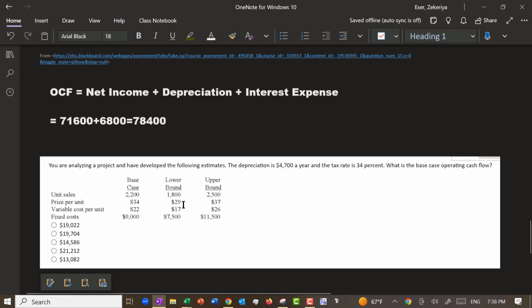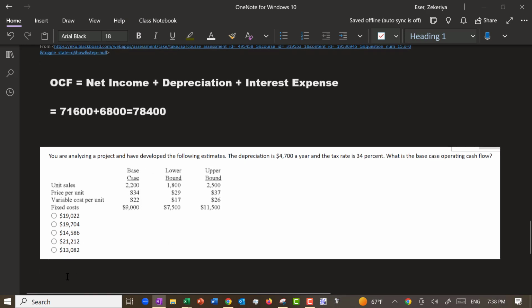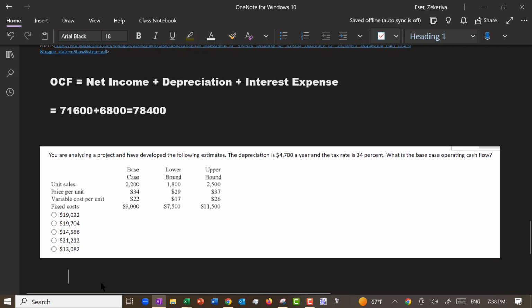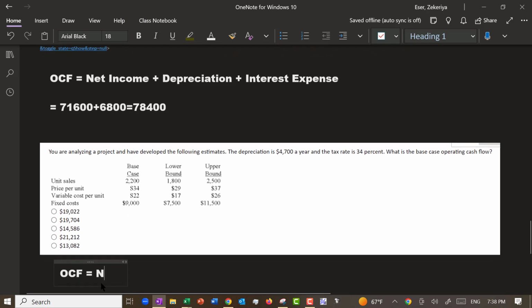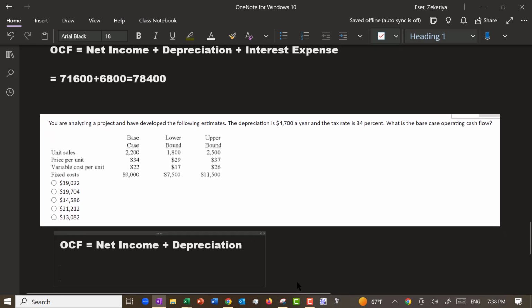Remember, OCF is net income plus depreciation. Net income is sales minus costs minus depreciation times 1 minus tax rate.